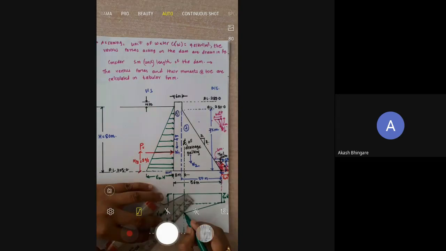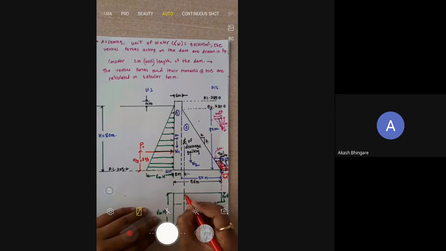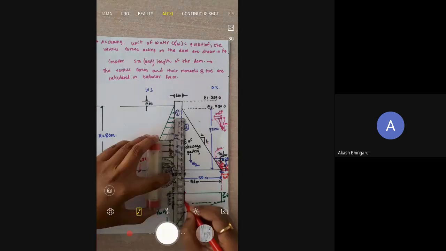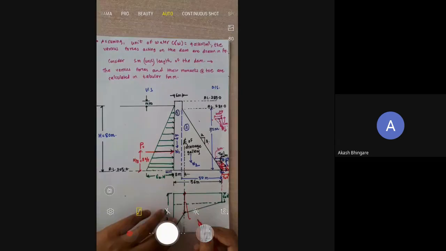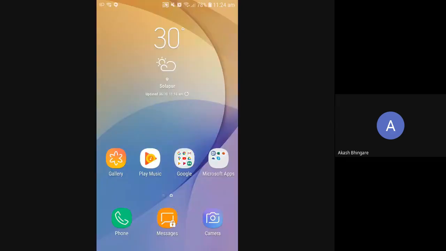This total ordinate, I am drawing with a different color so that you can understand easily, is nothing but gamma W into H dash plus 1/3 of the difference between these two.